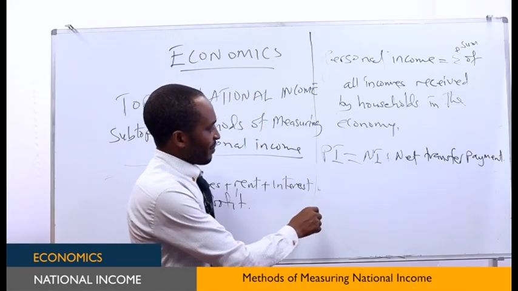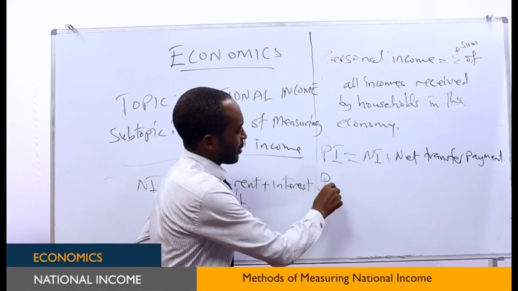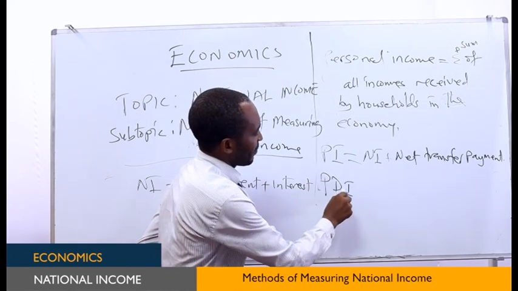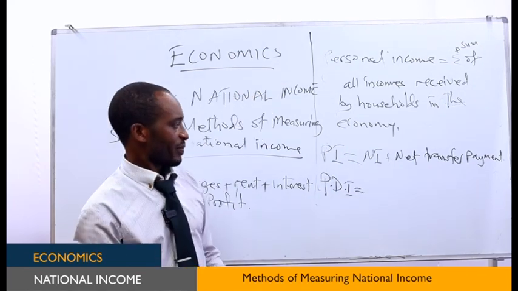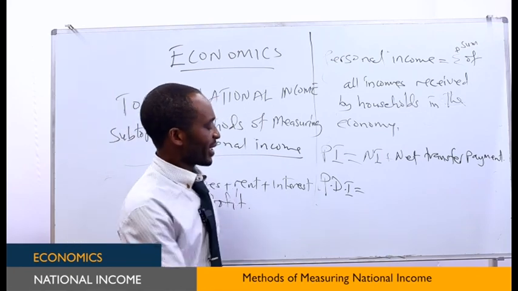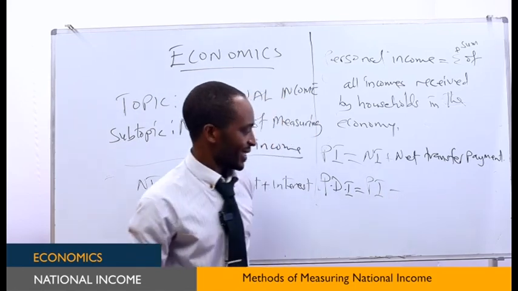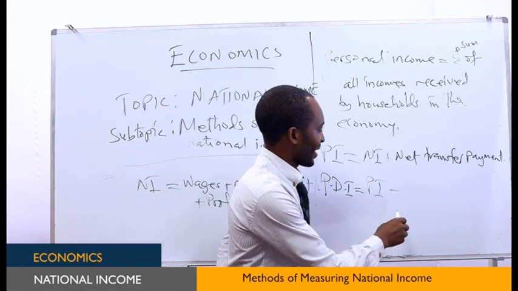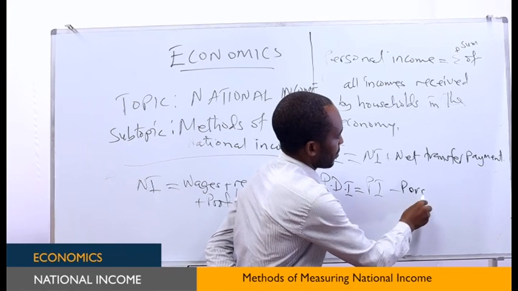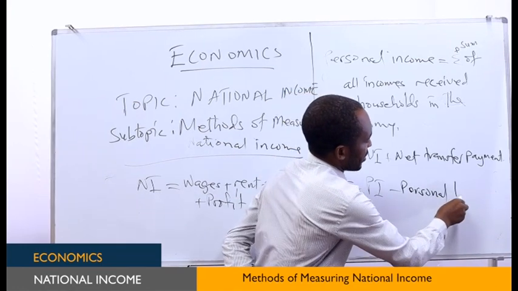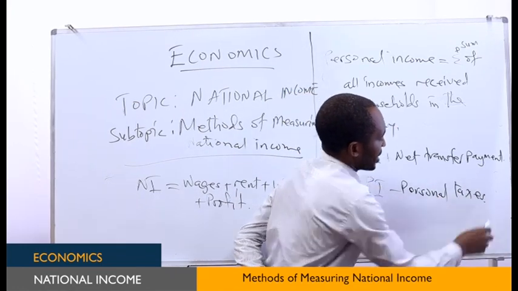And personal disposable income: we take the personal income and subtract personal taxes.